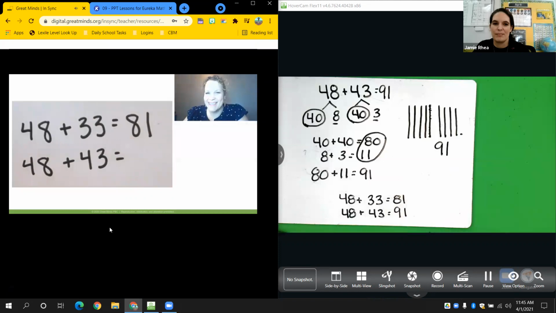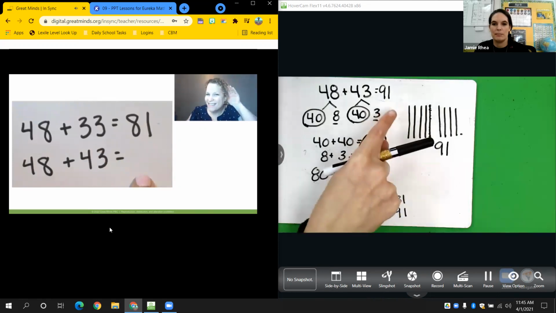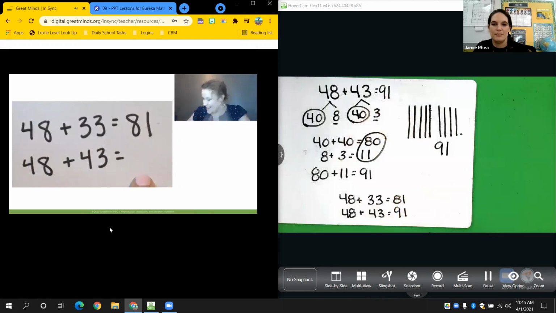Welcome back. Let's take a look. If the two problems are the same, except that the second problem is just adding 10 more than the first problem, then our answer should be 10 more than our first answer. What's 10 more than 81? 91. It's 91.